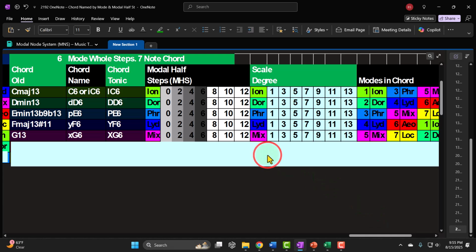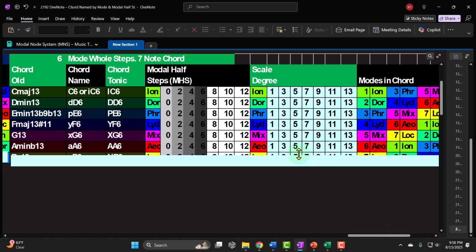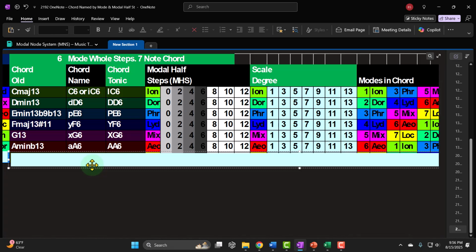All right, and then we're going to go to the next one, otra vez. It's going to be an A minor flat 13, ugly interval, an ugly chord name. It'd be easier just to call it an AA6, or we could just call it an Aeolian 6 chord or a 7-note Aeolian chord.